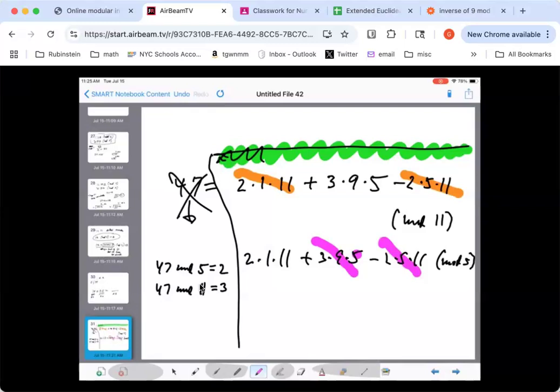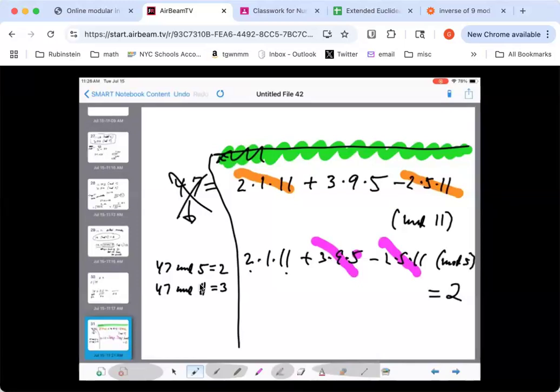I just wanted to mention that. And in this case, I could actually get the answer because 2 times 11 is 22 and 22 mod 5 is 2. So I could actually answer the question.